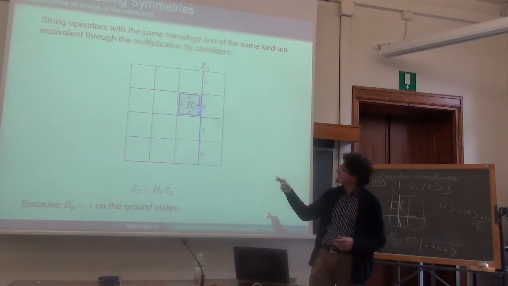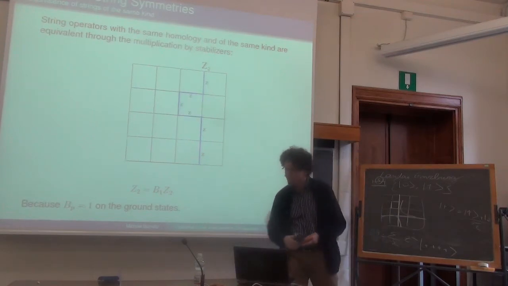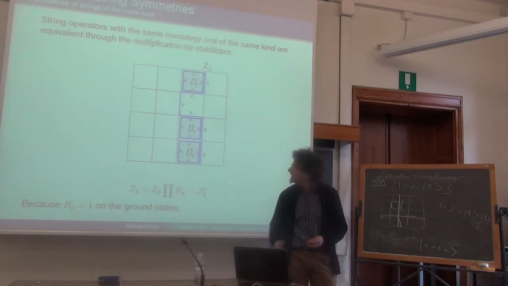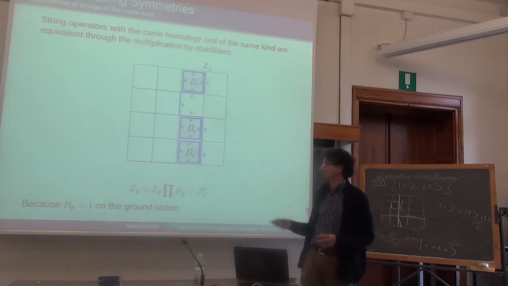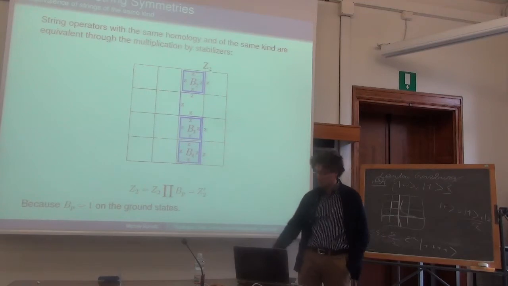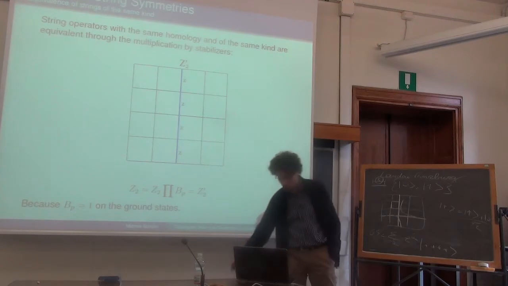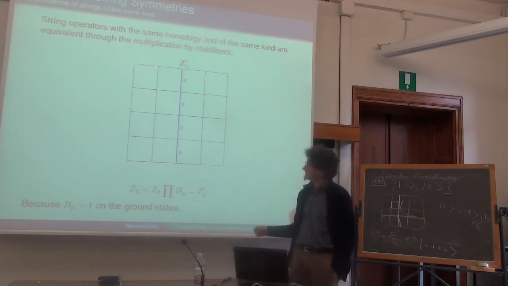So if I apply this identity to the string, I obtain a string which bends a little bit, and again, by multiplying it by different plaquette terms, I am essentially translating my string, but the value of Z2 is equal to the value of all the equivalent strings. And the same is true, of course, for the other strings in the system.